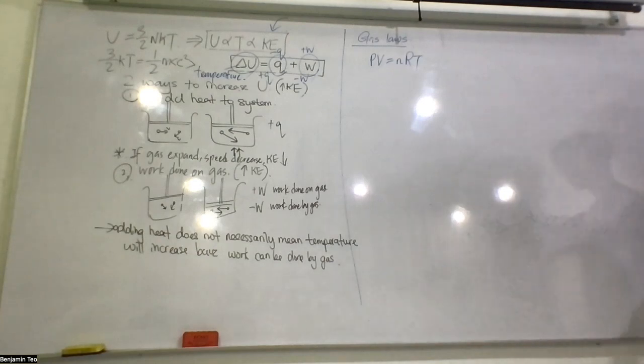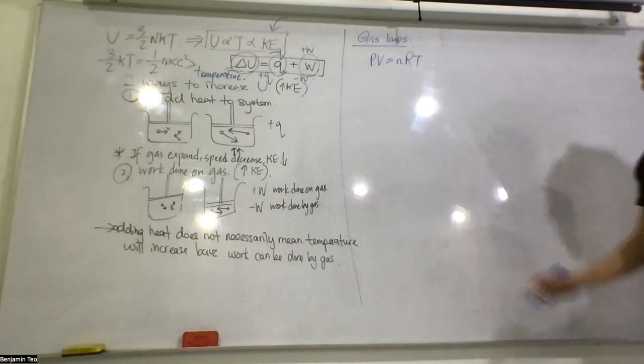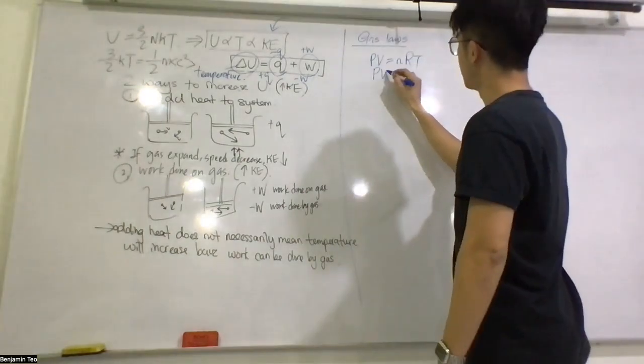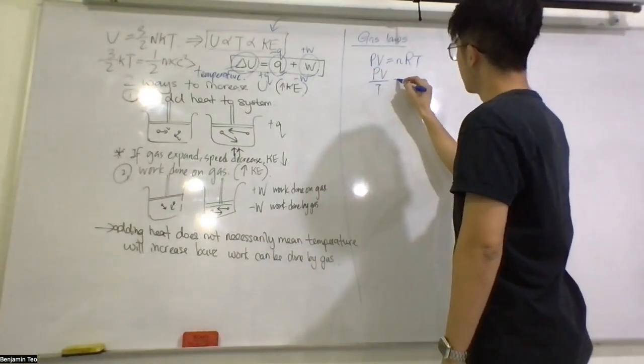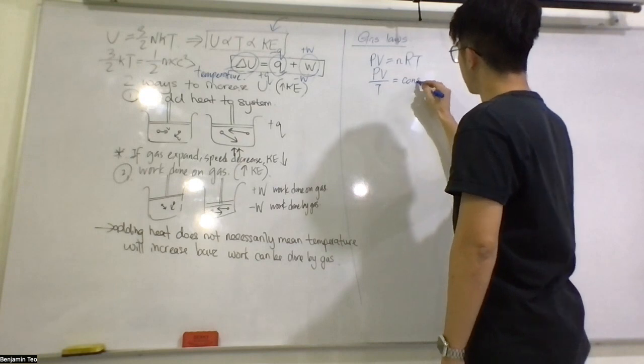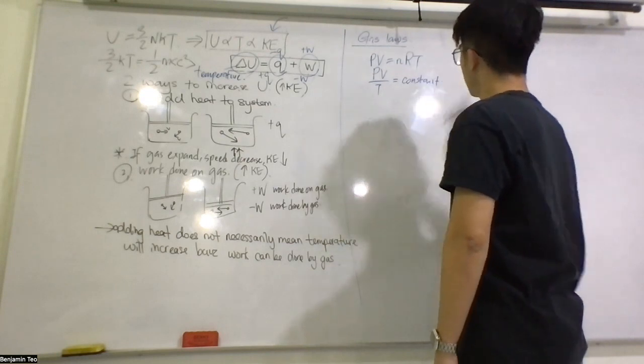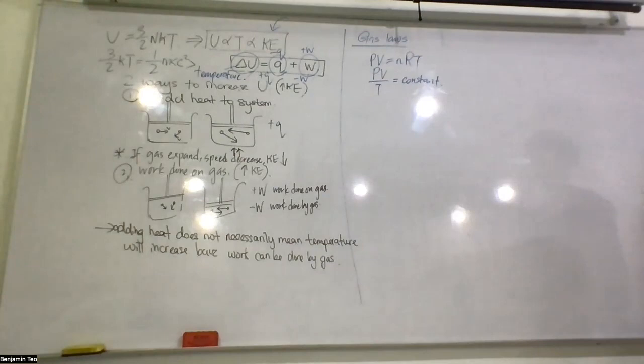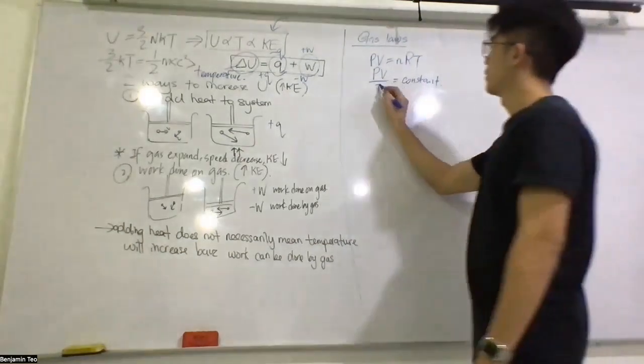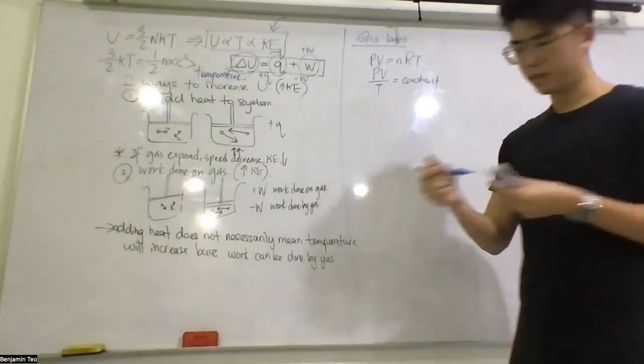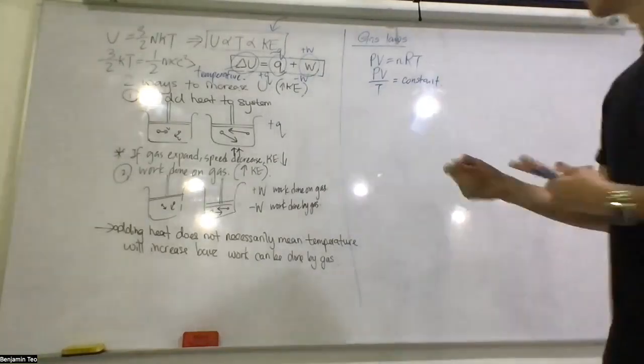We do not change the mass, we use a closed container. So I move the T over here: PV over T equals constant.